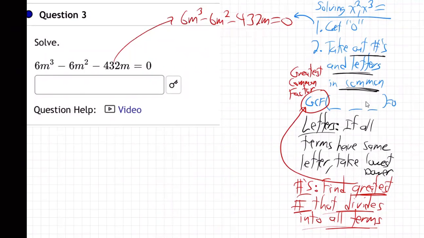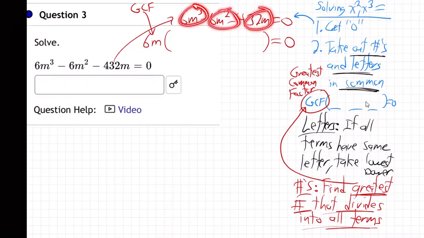Okay, so when all is said and done, I'm going to put 6M in the front. 6M is what we call the GCF. It's the greatest amount in common to all three terms. It's the biggest number that divides all three, and it's the most M that they all have in common, which is just 1 M, right?